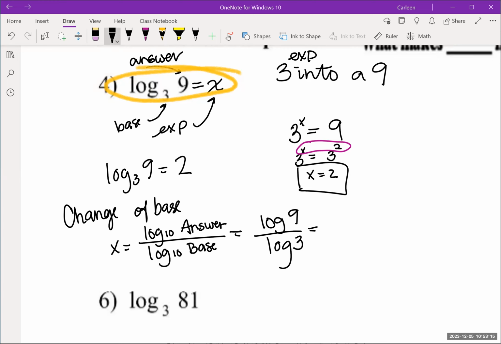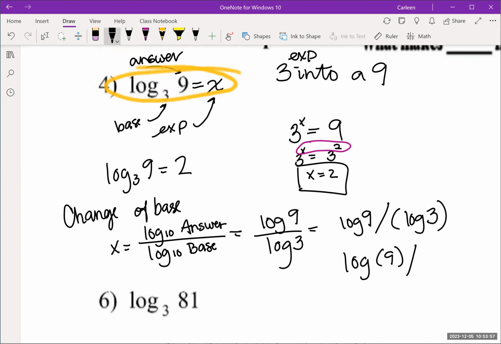Okay, calculator. So this is how you're going to type it into the calculator. Log, a parenthesis opens, 9, close the parentheses, divided by log, 3, close the parentheses.